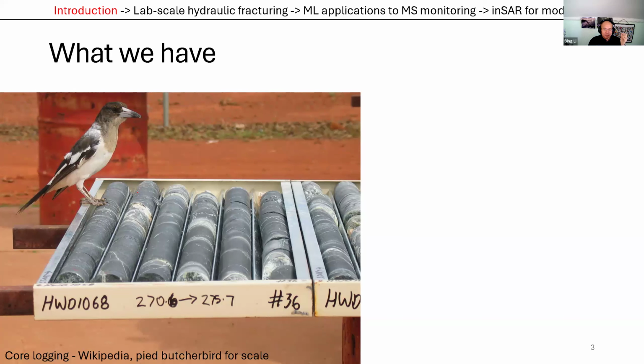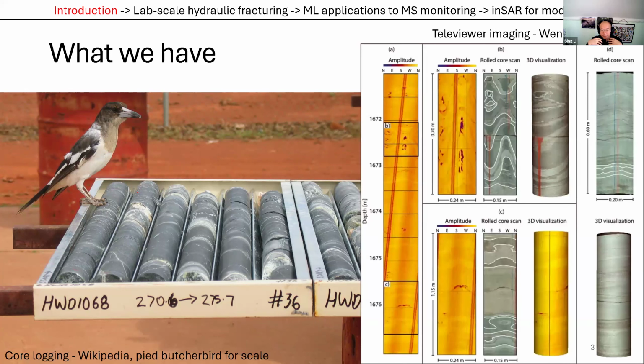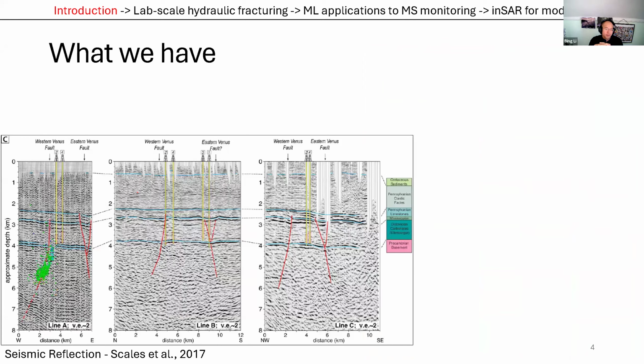This is not too big of a core. And of course, with core, we also have borehole geophysics, and we have televiewer imaging, right? So that gives us a good sense, once again in a more automated way, of where our geological domains and structures are present. So that's from the borehole perspective.